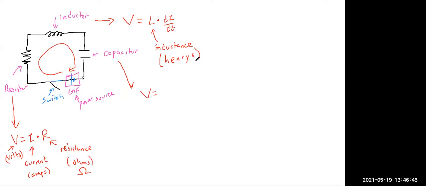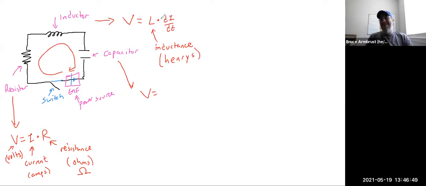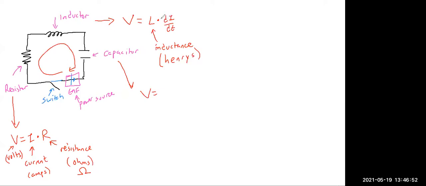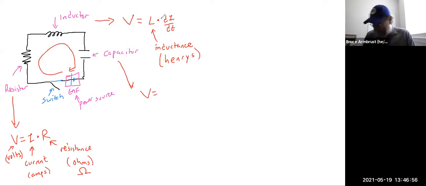It's Q equals CV or something, right? Where Q is the charge. Yes, so if you go back and look at that, the voltage is going to equal Q over C.